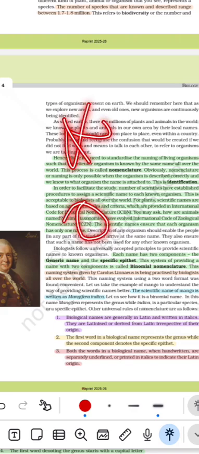This is so important for you that one of these questions has already appeared.